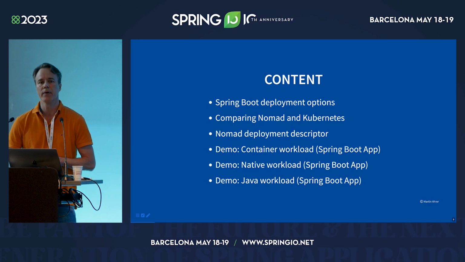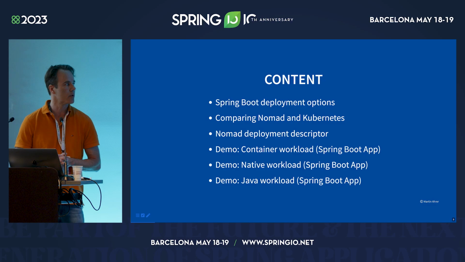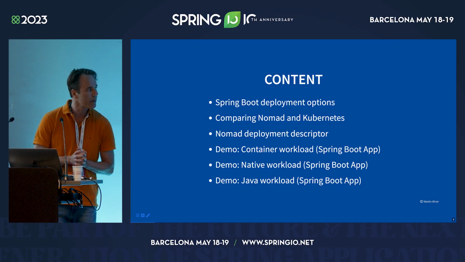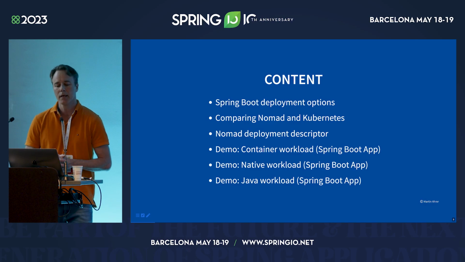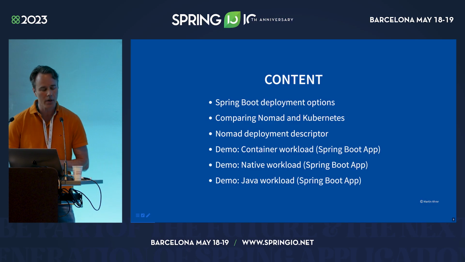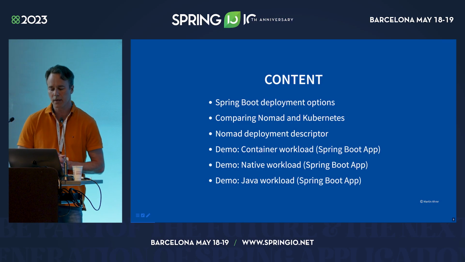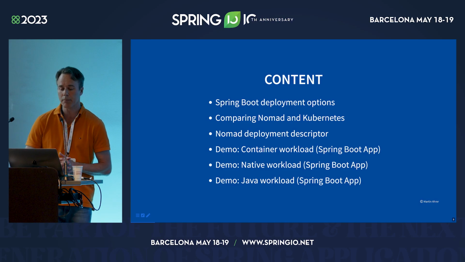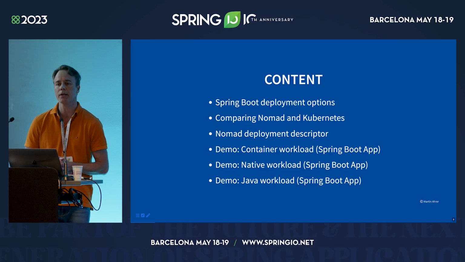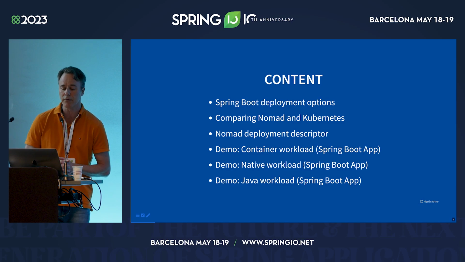I do have a cluster prepared running on Google Cloud where I'm going to show you a Spring Boot app deployed to Nomad running as a container workload. And I'm going to do a live deployment with the very same Spring Boot application, but this time packaged as a native workload, packaged using GraalVM.